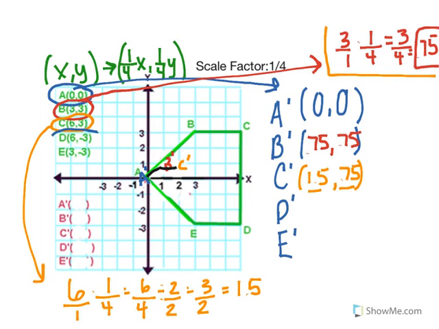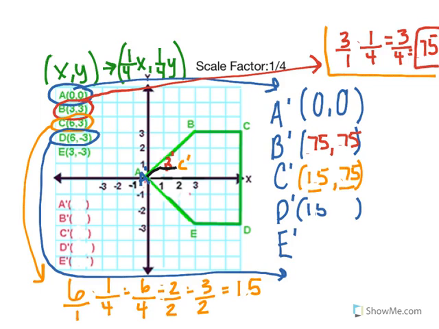Alright, if we're looking at D, when we multiply D by 1/4, we're going to do 1/4 times 6 and 1/4 times -3. We've already multiplied 1/4 times 6 to get 1.5. So D prime would be 1.5. And then the y value for D is -3. We multiplied 3 times 1/4. So we know that 3 times 1/4 is 0.75.